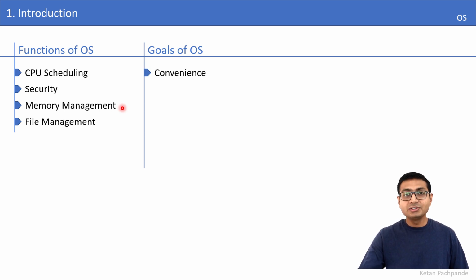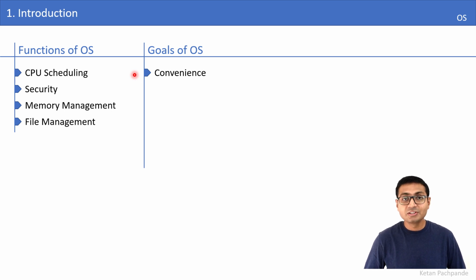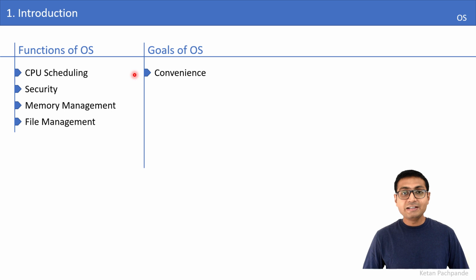The goals of the operating system. First is the convenience, where whenever any company designs any operating system such as Android, iOS, Windows operating system, Linux operating system, the first goal they want to keep in mind is operating system should be easy to use for the end user, right? If it is very complex, end user won't be able to use it in its daily routine. The second goal is efficiency, which makes sure that the OS uses the resources efficiently.